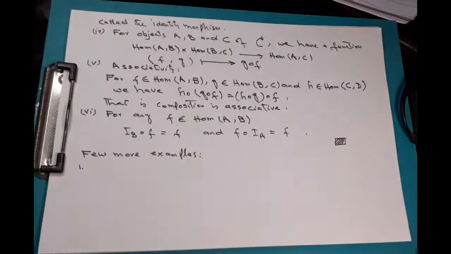We can consider a category whose objects are all the abelian groups, and morphisms are group homomorphisms.